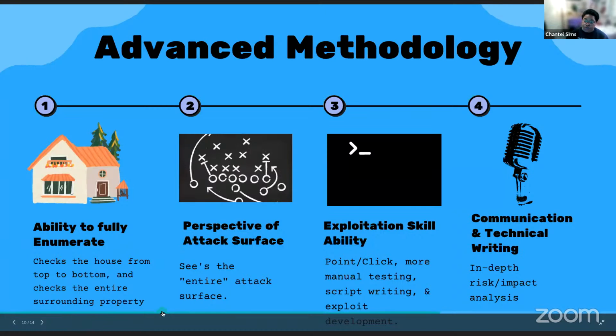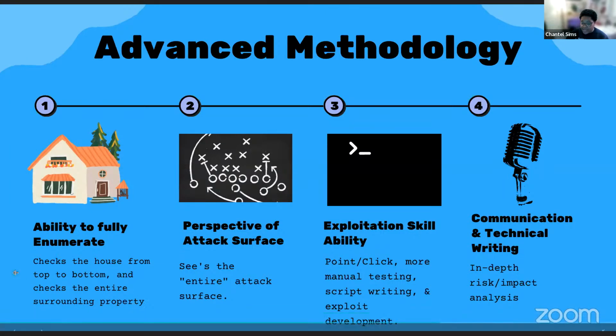So when we get into the advanced methodology, I want to say that from my experience, from the people I've worked with, it seems to be about the 5-year, 6-year, or 7th-year mark where people really start to get super advanced with pen testing. That's just been my experience. Maybe some people will get there before 5 and 7 years, but from the people I've worked with, that seems to be sort of the sweet spot, right?